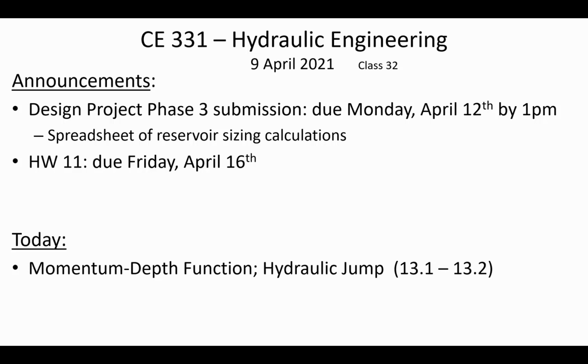So now we move on to a new phase in the course. We're beginning our discussion of Chapter 13. And that's where we get into hydraulic jumps, which is one of the non-uniform flow situations that is relatively easy to predict compared to gradually varying flow. We'll talk about this distinction between those two different flow types in just a minute.